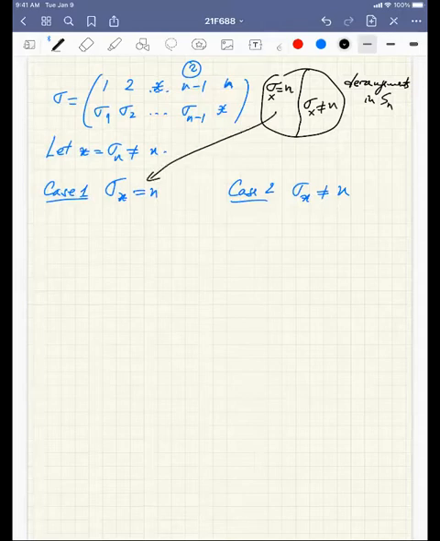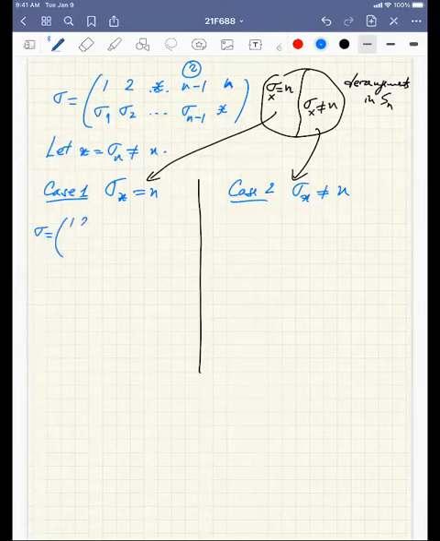And we are going to count those derangements for which sigma x equals n in case 1, and we're going to count the remaining ones in case 2. Okay. So that's our plan. So let's take each case aside and analyze it. In the first case, we have 1, 2, we have an x, n minus 1, n. n is mapped to x, and x is mapped to n.